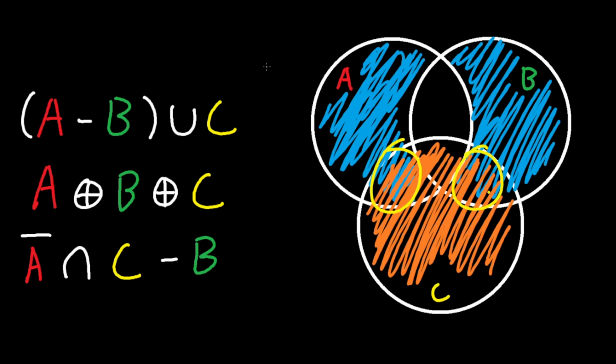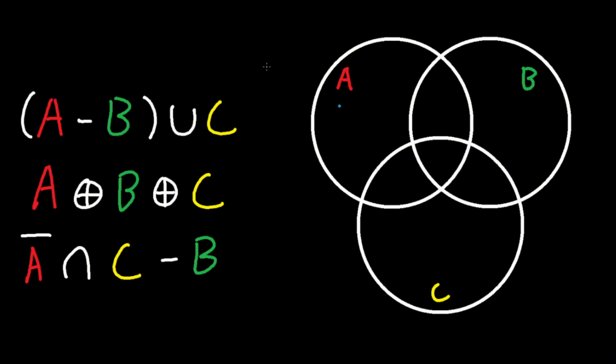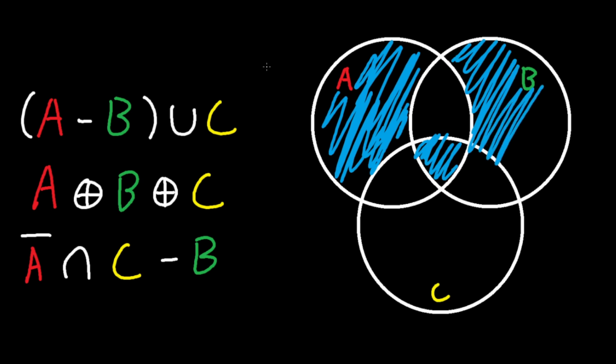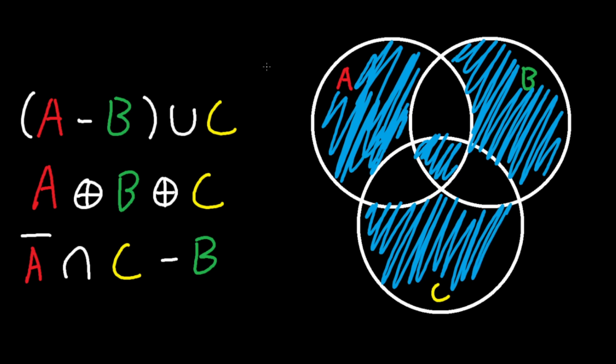So all we need to do is remove these two sections. If we color everything in again, we should be left with this. So this right here is A symmetric difference B, with the symmetric difference of C.